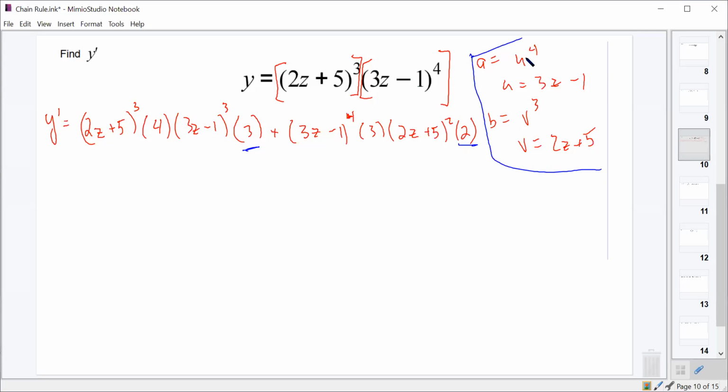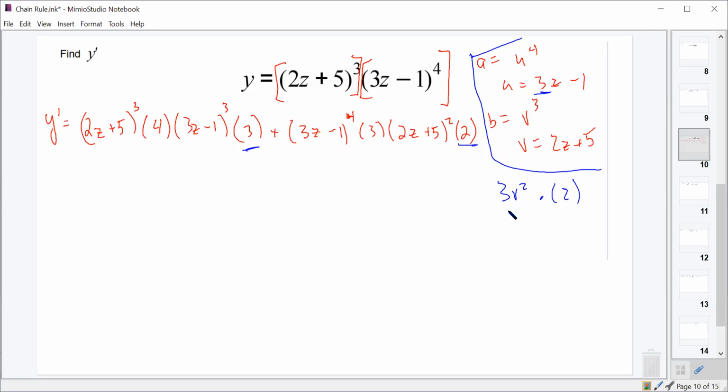So that should be 4u cubed for the derivative of a, right? But then we also have to multiply it by the derivative of u. That's the chain rule part. So we've got to multiply by the derivative of 3z - 1, which is just 3. And then same here, right? This is 3v squared times the derivative of the 2z + 5, which is 2.